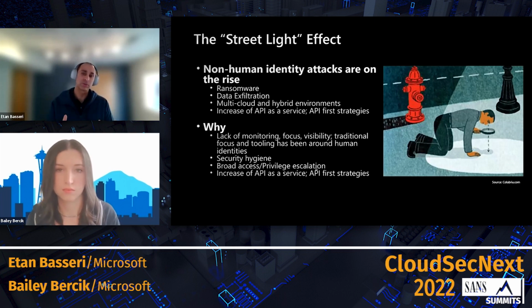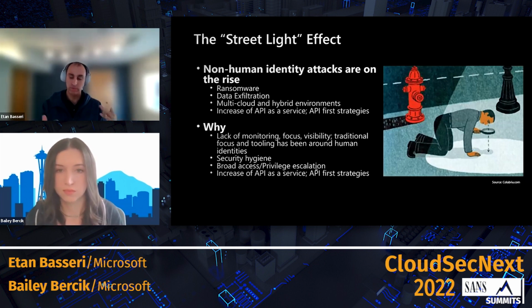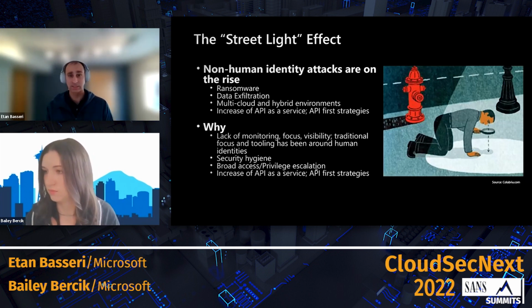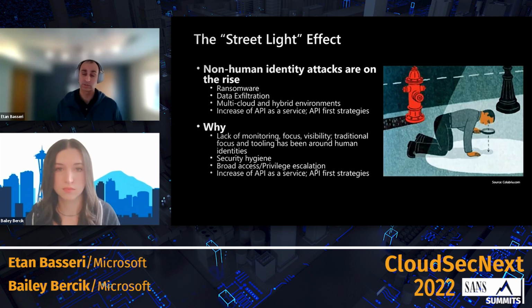So in my view, user identity security has been the thing that we've shown a spotlight on in the security community for many years. We've been aware of the phishing attacks and the password spray attacks and other brute force attacks and all these kinds of attacks against users. They've been visible and well documented. And there's been a lot of progress made to start to secure users against those types of threats.